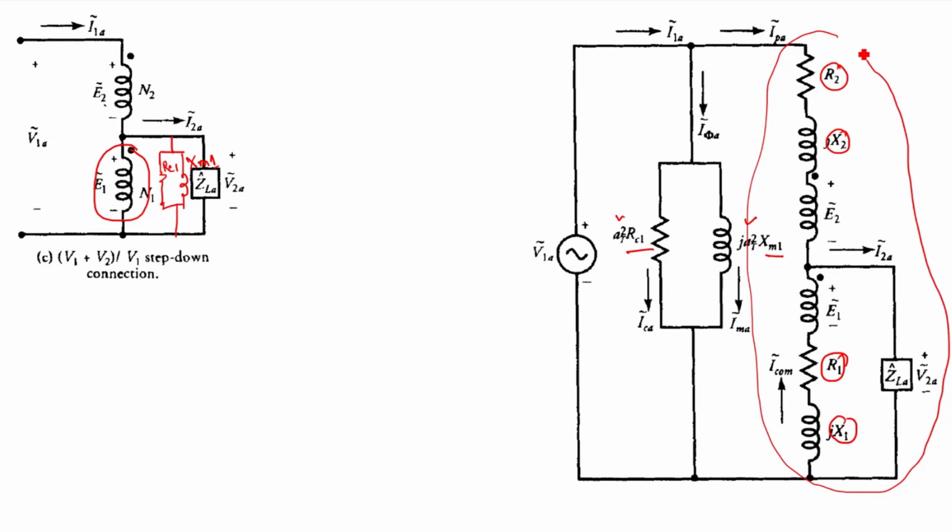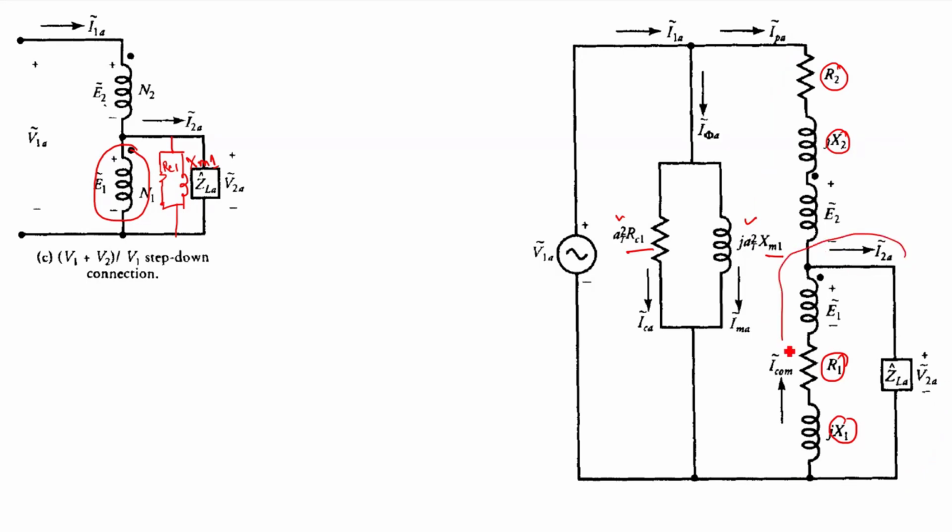Now how to refer this to primary side? This part is at the secondary side, this is the primary side. Now I want to refer these common winding quantities into the primary side.